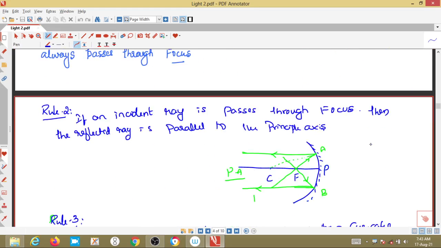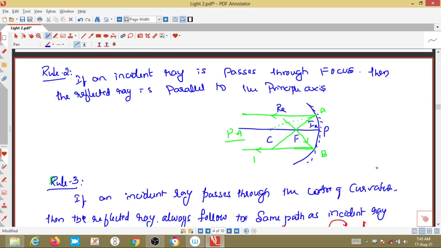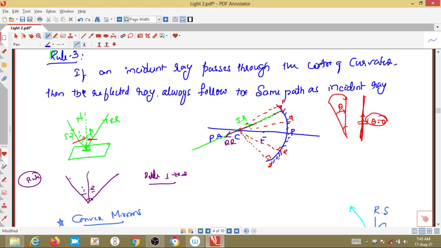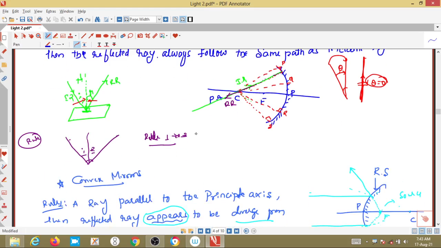Rule number 2 says that if an incident ray passes through the principal focus, this is the incident ray and this is the reflected ray, then the reflected ray will be parallel to the principal axis. Rule number 3 says that when a ray passes through the center of curvature, the same ray will be reflected back along the same path. Why it is reflected back, all those things I explained.